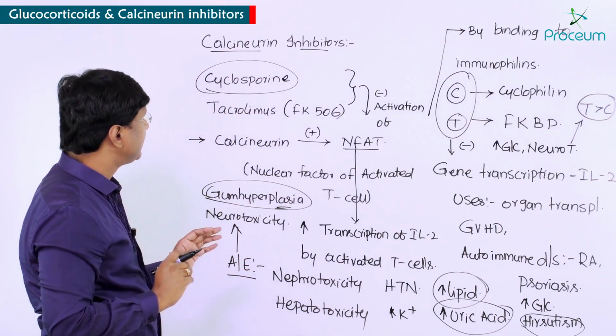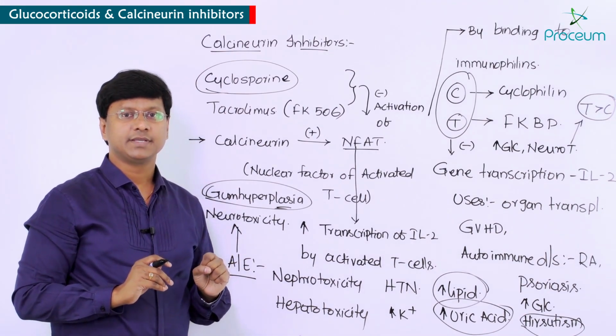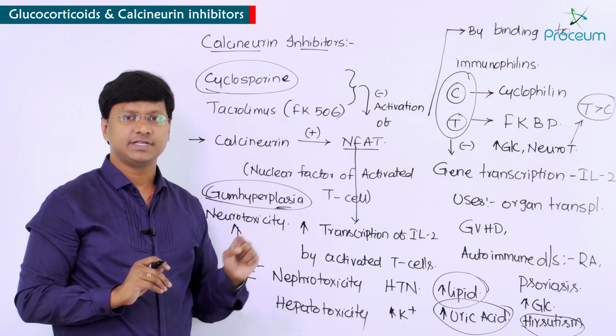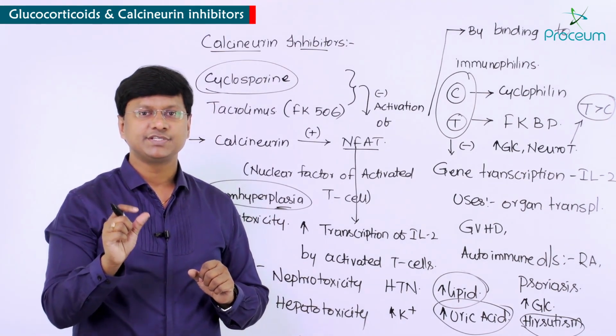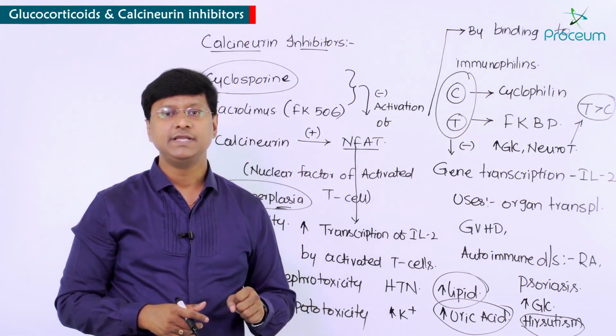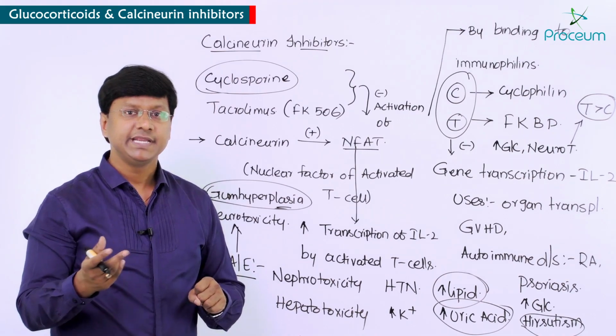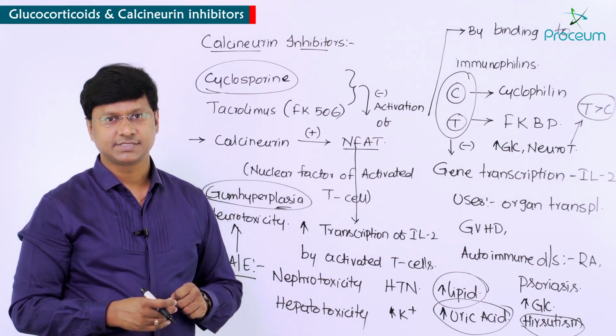Alright, let me shortly revise the calcineurin inhibitors here. We have cyclosporin and tacrolimus. Calcineurin is required for the activation of NFAT, nuclear factor of activated T cells, which in turn increases the transcription of interleukin 2 by activated T cells.